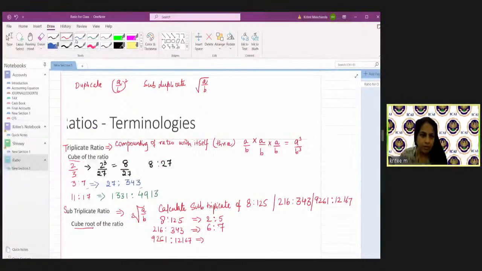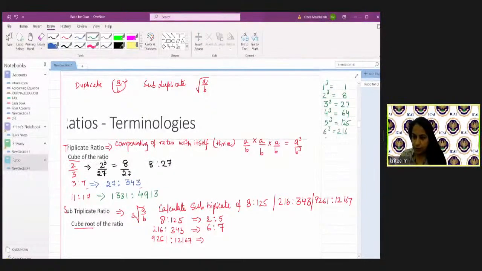All of you must have this table ready with you, or you must be knowing it: 1's cube is 1, 2's cube is 8, 3's cube is 27, 4's cube is 64, 5 cube 125, 6 cube 216, 7 cube 343, 8 cube 512, 9's cube is 729, and 10 cube is 1000.